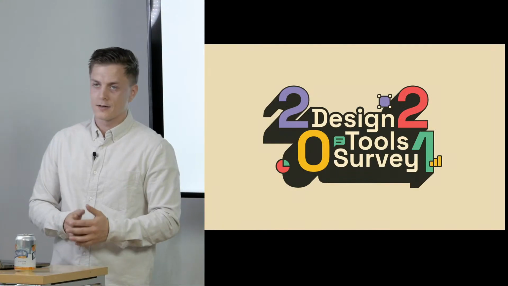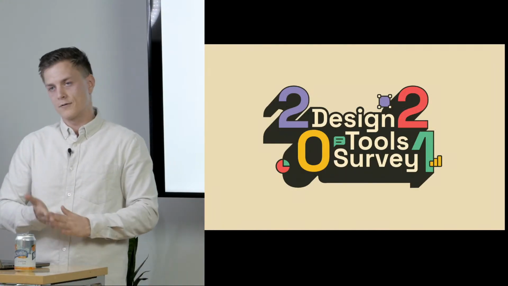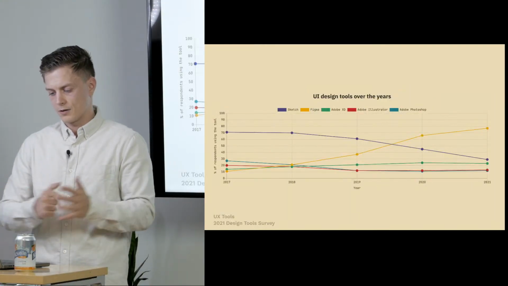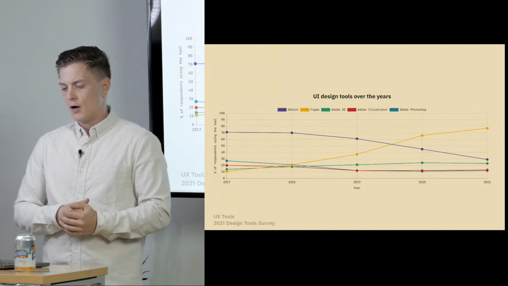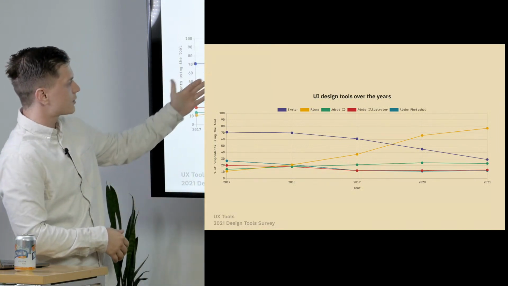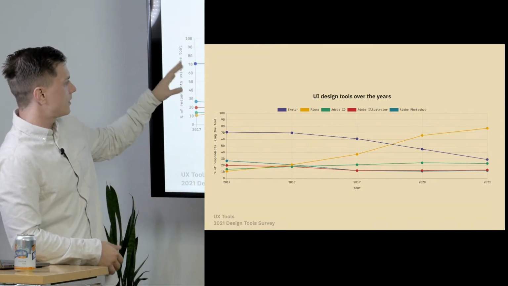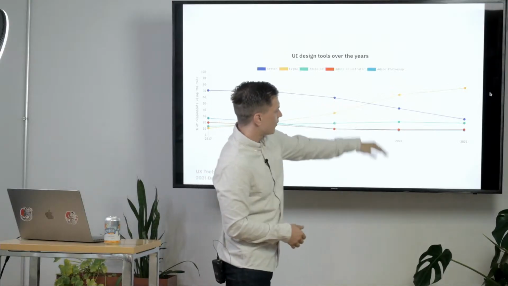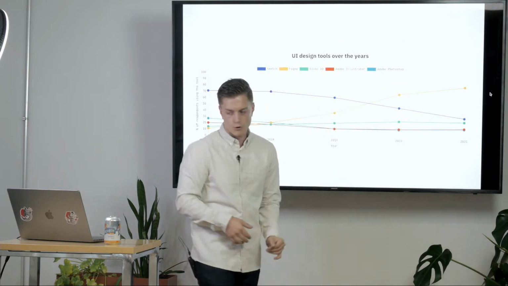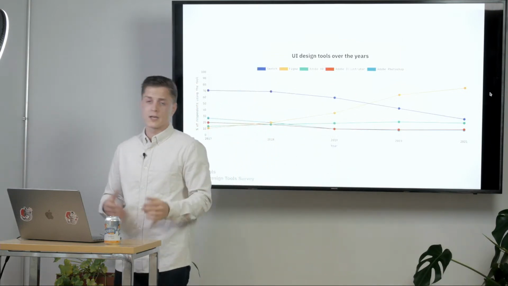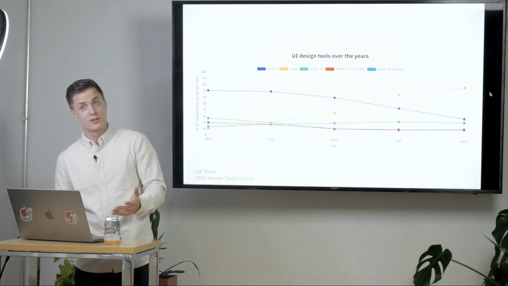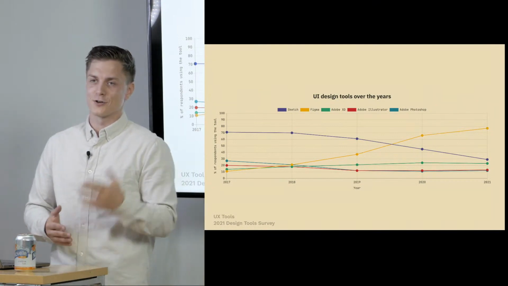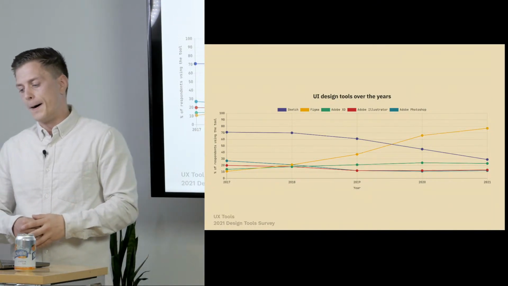Well, if we look at a 2021 Design Tools Survey by the UX Tools community, we see that in 2017, Sketch was still riding high at over 70%, and around midway 2019, we crossed the threshold where Figma took over. And of course, there's a lot of people who work in agencies who are forced to work with Sketch, and so they're using Figma and Sketch.